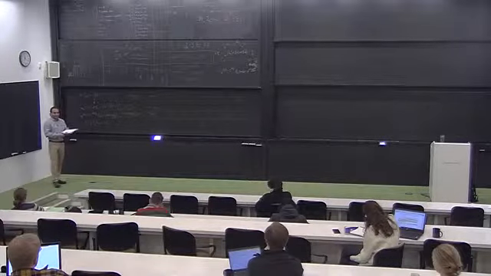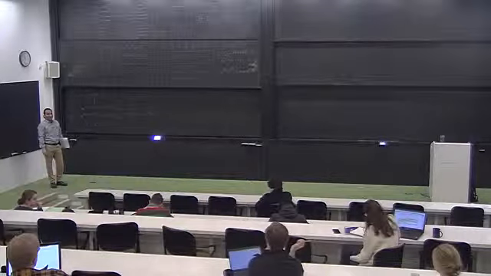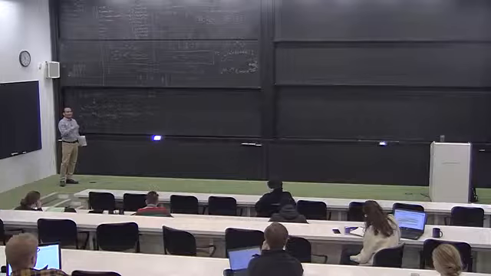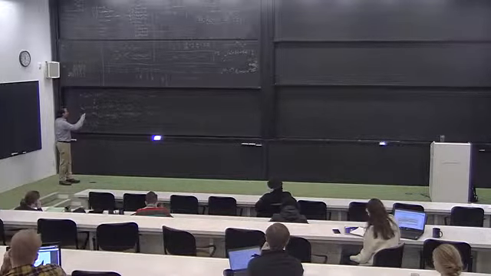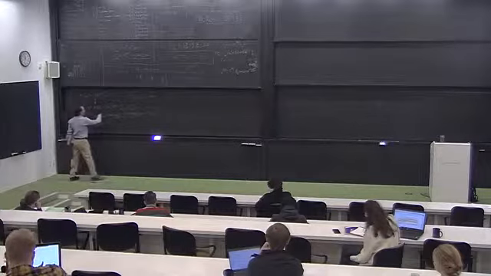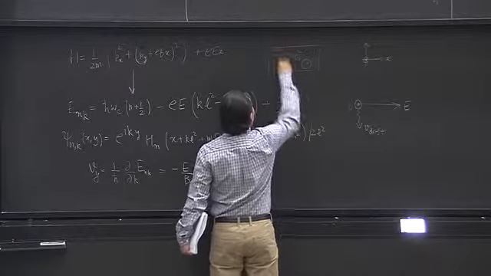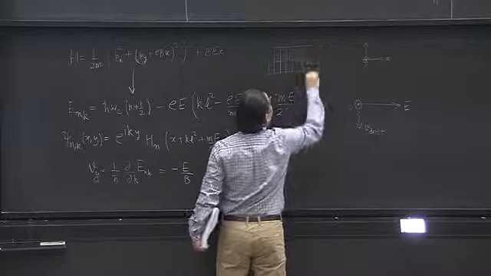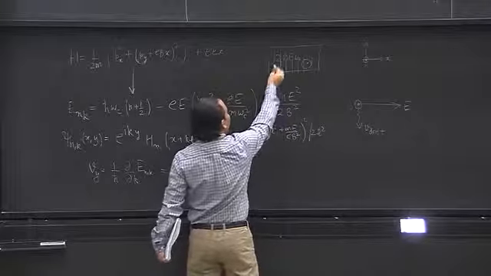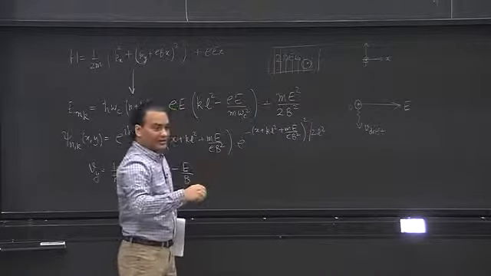Is there a way to see the relationship between the states in this gauge and the states that we found? Yes, you will have to do this transformation, but it's slightly messy if you think of these wave functions. For example, what these wave functions represent are Gaussians that are peaked at some values of x naught. So we are completing the square in x. So these are really Gaussians at various values of x that depend on k.